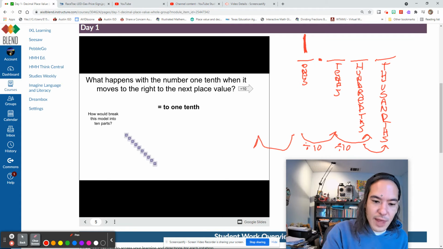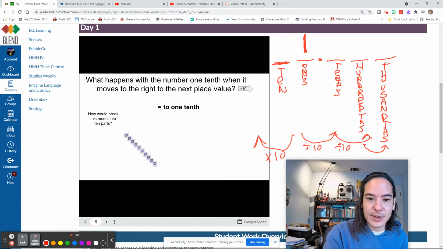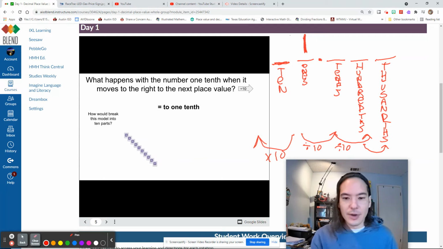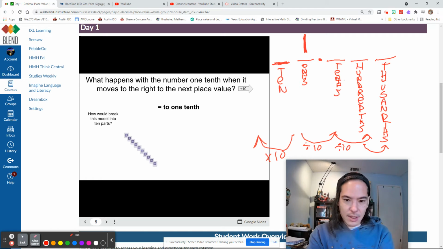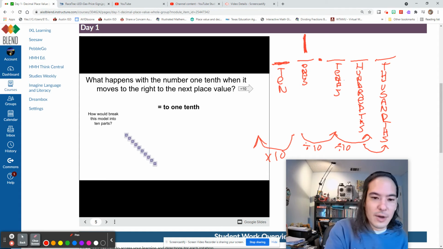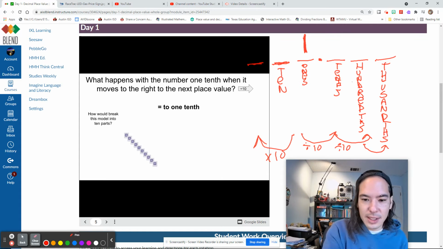Just like every time you move that way on the place value chart, you're multiplying by 10, right? 1 times 10 is 10. That's why that's your tens place. All right? So remember, on this side is 10, this side is tenths. If you folded the place value chart on the ones, the 10 would touch the tenths. The hundreds would touch the hundredths, right? So remember, it's basically the same order going backwards.